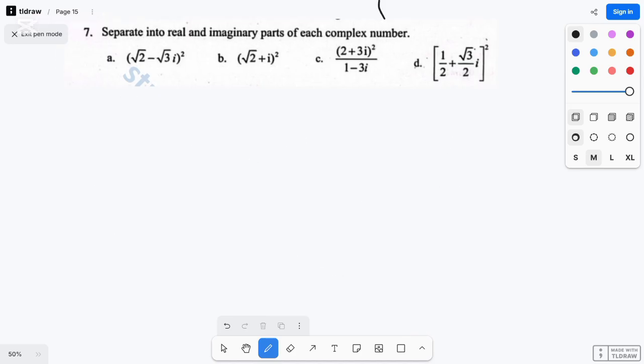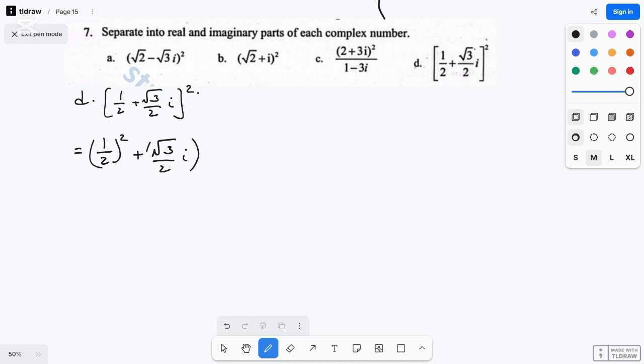Question number 7D, 1 by 2 plus under the root 3 by 2 iota whole square. We will apply the formula: square of the first term plus the square of the second term plus 2 into the first term, that is 1 by 2, and the second term, that is under root 3 by 2 iota.